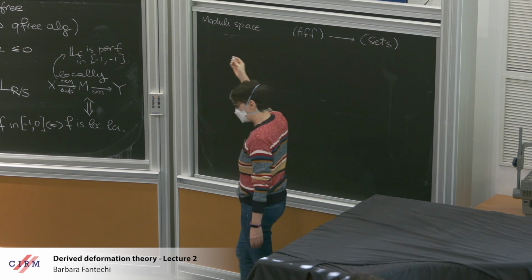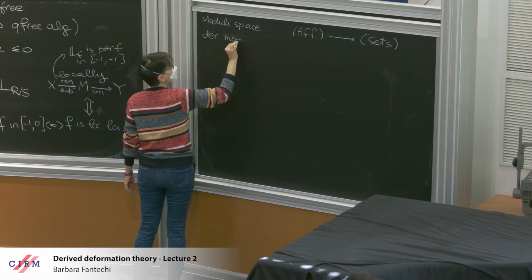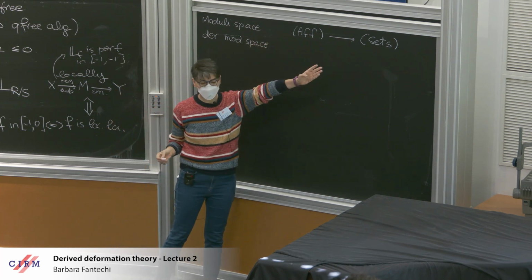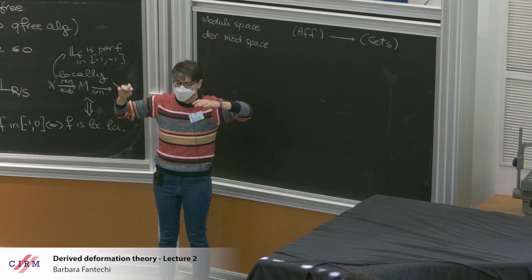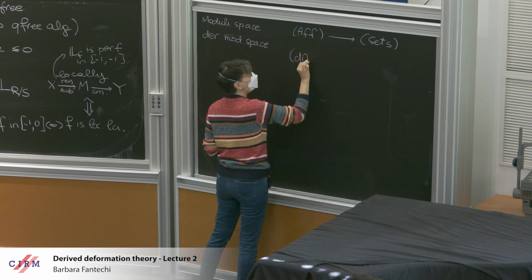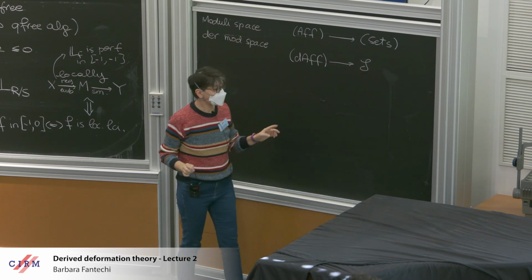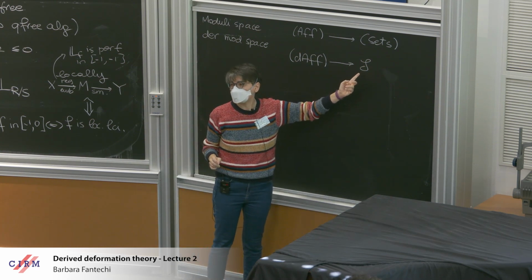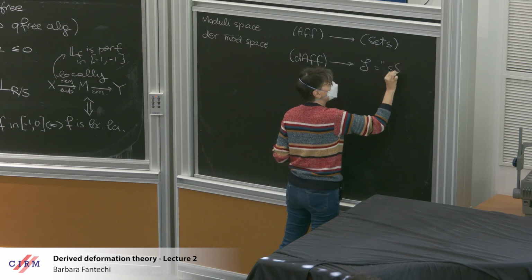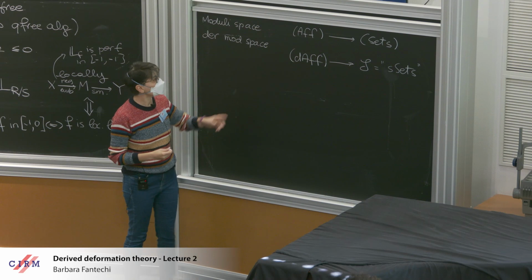And in some sense, the idea is that the derived moduli space is obtained by extending this functor. So remember, Mauro starts with an arbitrary derived stack, which is a map from derived affines to these spaces. For some reason, I don't like spaces, so I tend to think of these as simplicial sets. It's not quite the same, but there is a strong relation.